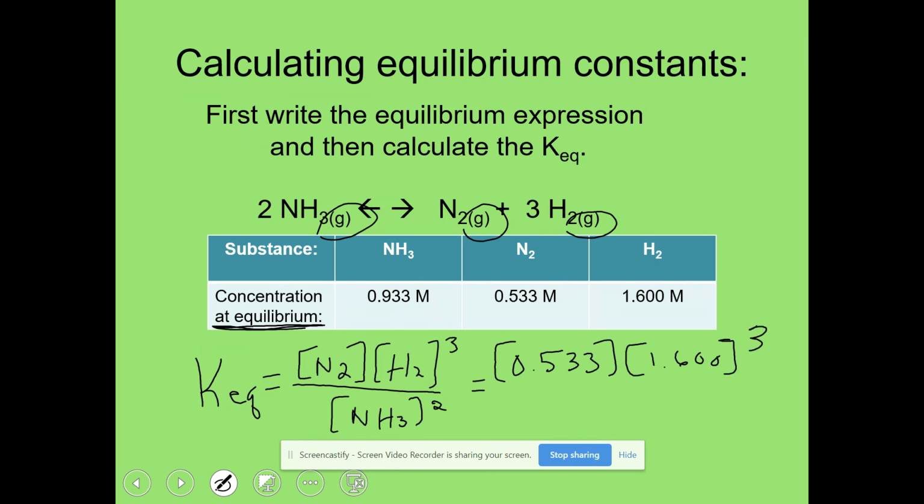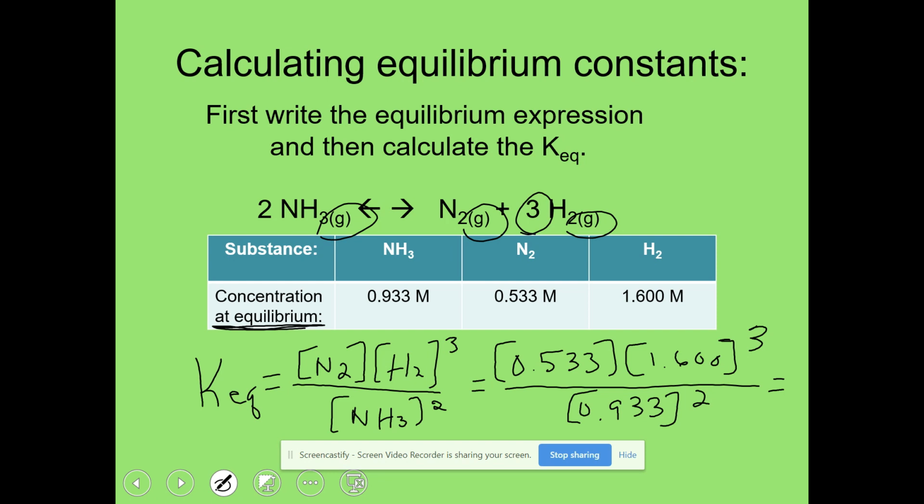This gets cubed because of the 3 in front of the hydrogen. And on the bottom, we have 0.933, and that gets squared. So you'd plug that into your calculator.